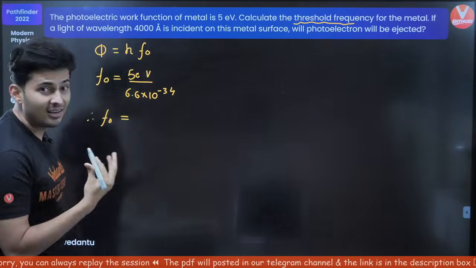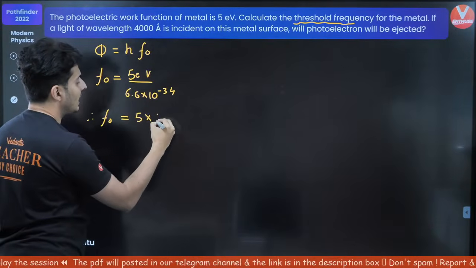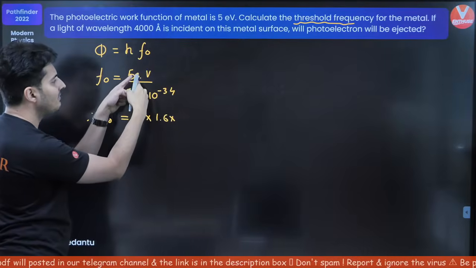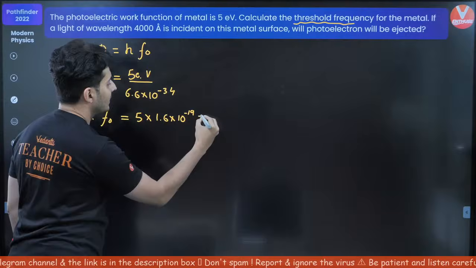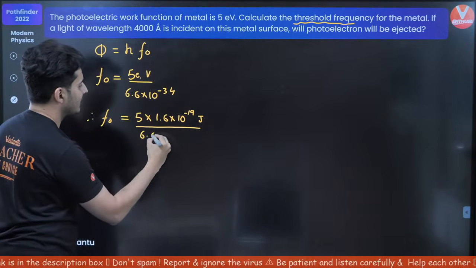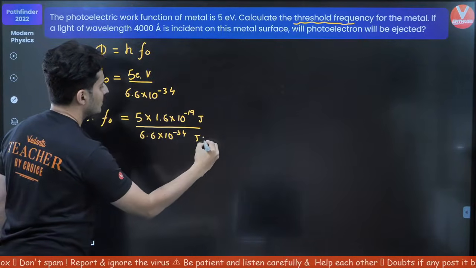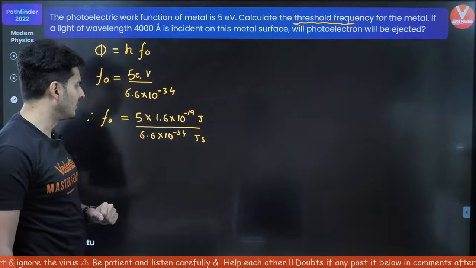I want to find it in hertz maybe. So electron volt into joules. So multiply it with 1.6. Put the value of e, guys, because it is eV. So 1.6 into 10 to the power minus 19 joules. And here it is 6.6 into 10 to the power minus 34. This is joule second. Joules cancel. 1 by second is frequency, which is hertz.